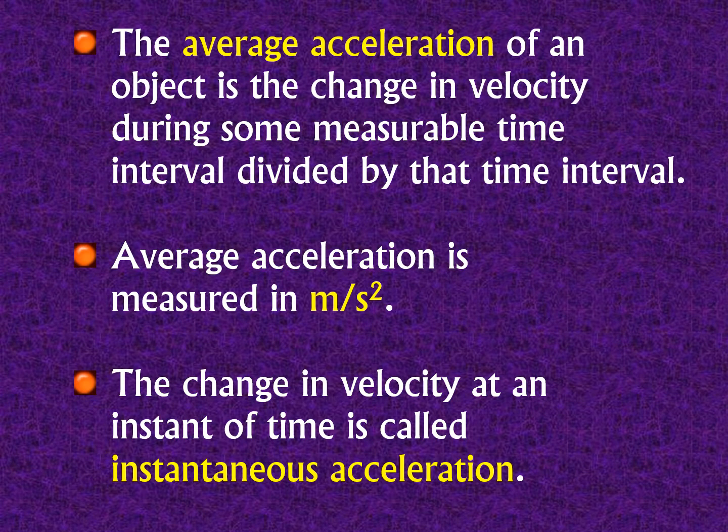So the average acceleration of an object is the change in velocity during some measurable time interval, divided by the amount of time. Because velocity is often in meters per second, and we're dividing by a time interval, which is also probably going to be seconds, we're dividing meters per second by seconds.